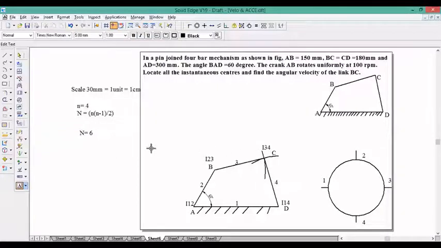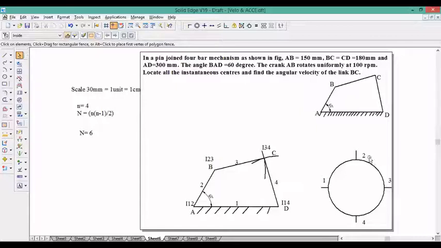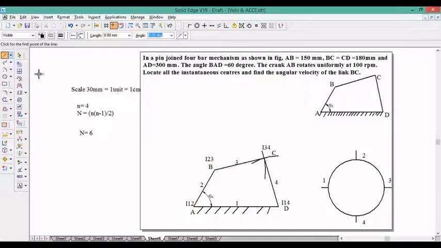So out of 6 instantaneous centers, we found 4. The remaining 2 we need to get, which are the neither fixed nor permanent instantaneous centers. To get that, we will make use of this circle method. By inspection we found instantaneous centers 1 and 2, so join the line 1 and 2 by a continuous line.